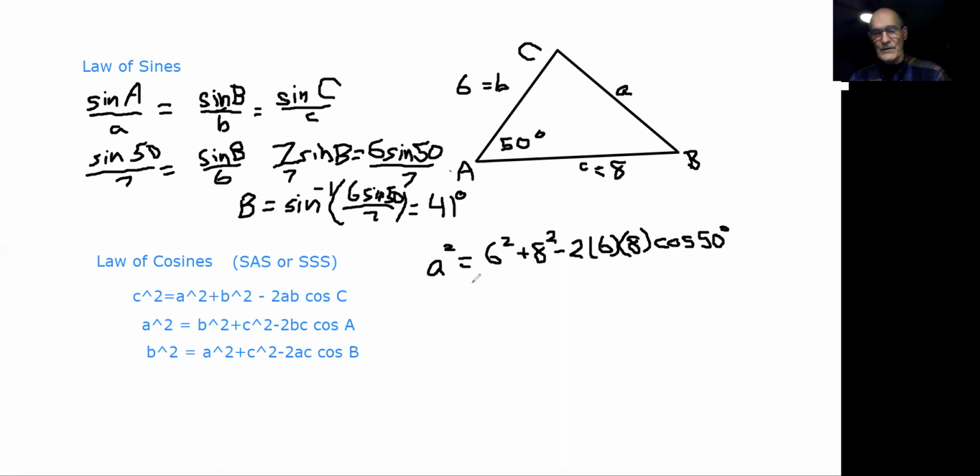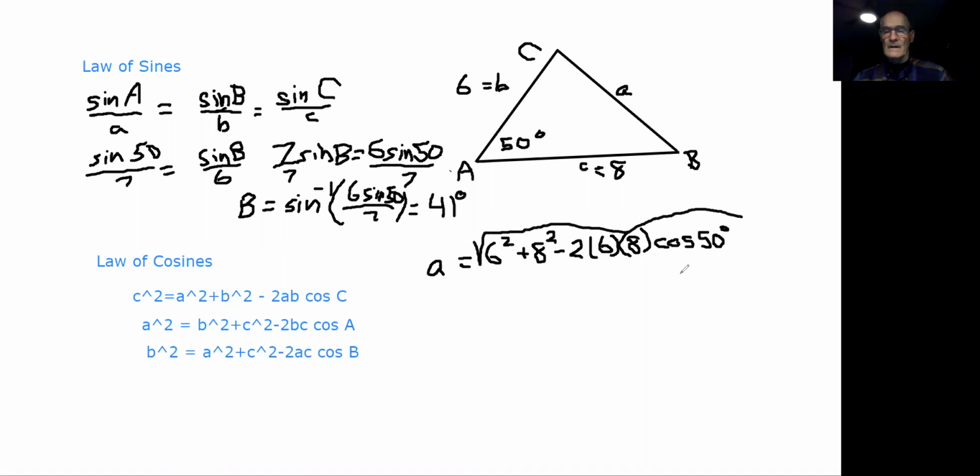Now, the simple way to do this problem, if you have a graphing calculator, is to take the square root of both sides here. So we can get rid of this square, and we put a square root across this whole expression.